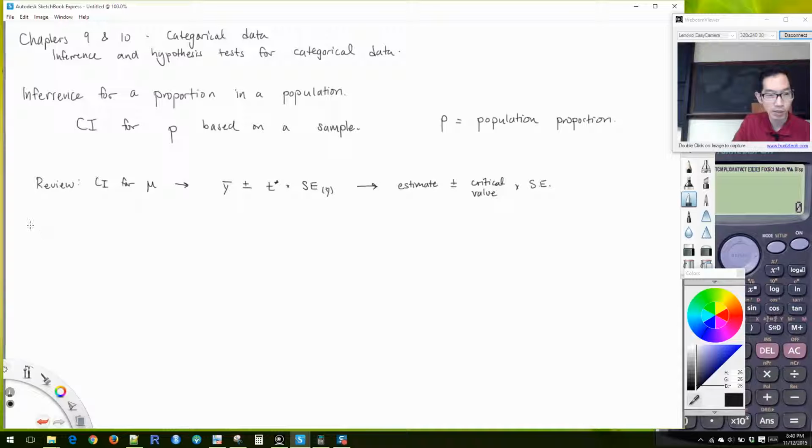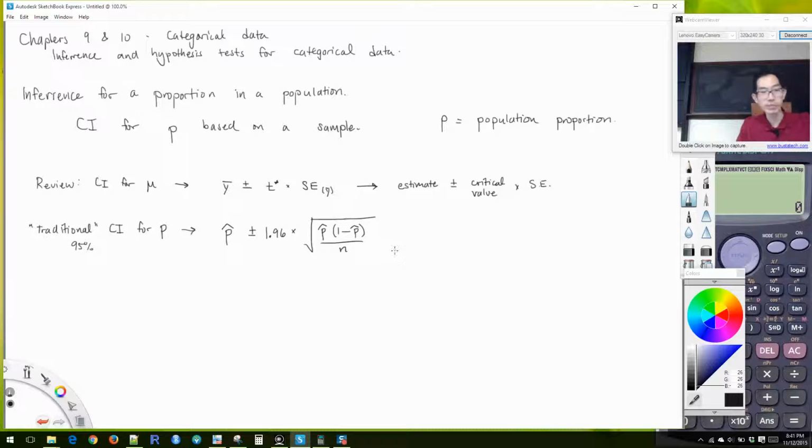Okay, so this is a traditional confidence interval for P. This is going to be the estimate P hat, your sample proportion, plus or minus, for a 95% confidence interval, 1.96 times the standard error, which is the square root of P hat times 1 minus P hat over n.